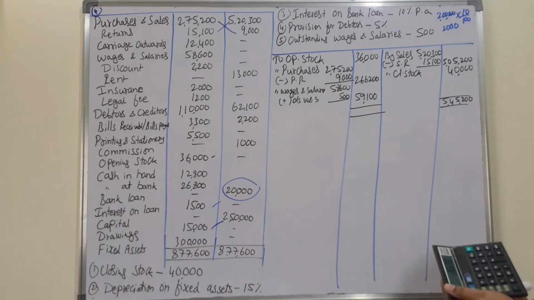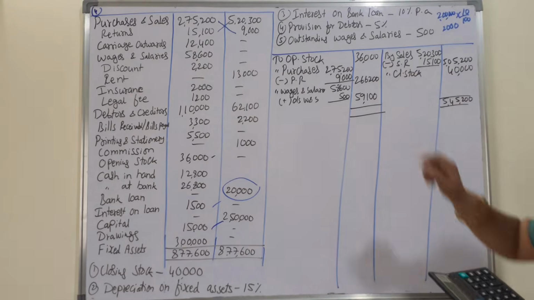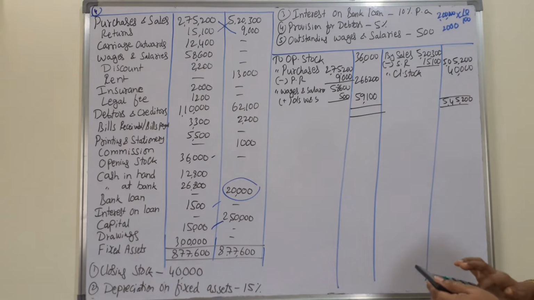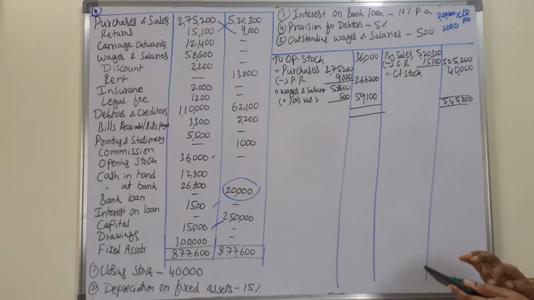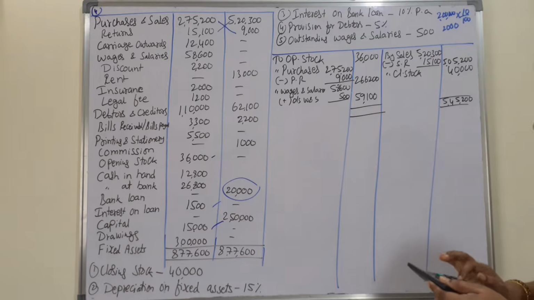Now what will we do? This amount minus this: 5,45,200 minus 36,000, minus 2,66,200, minus 59,100.